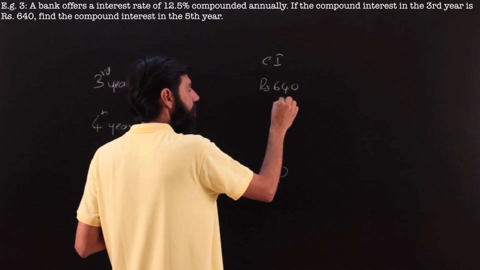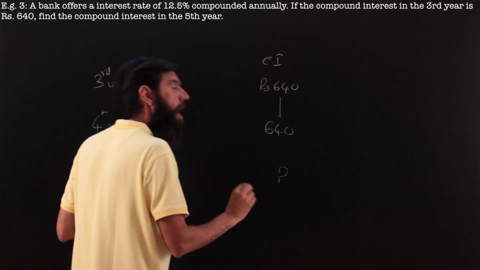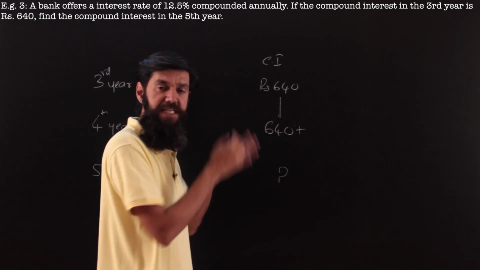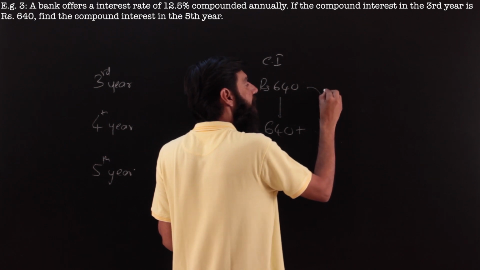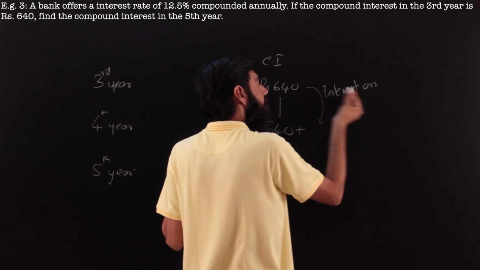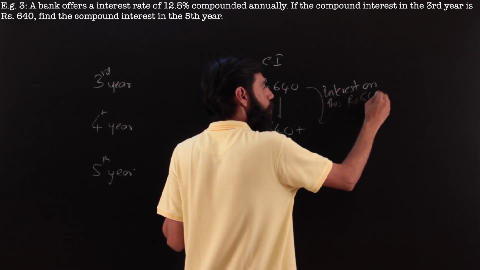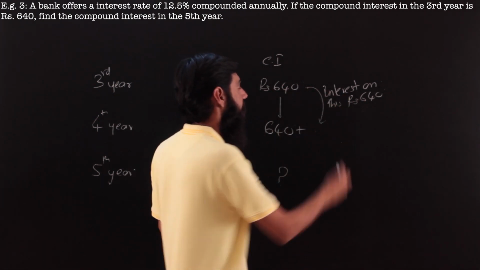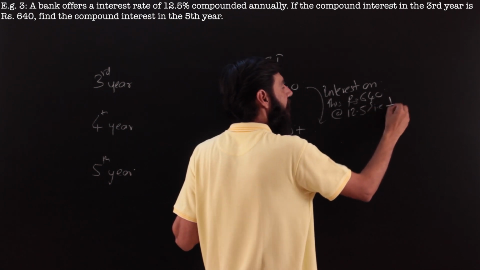In the fourth year, what we have learnt is I would definitely get rupees 640 again. But that will not be all. Since the principal has been updated, has been increased, I would be getting something extra. And what is that extra? That is what we had learned. We'll be getting an interest on this rupees 640 as well, at the same rate of 12.5%, which is nothing but 1/8.